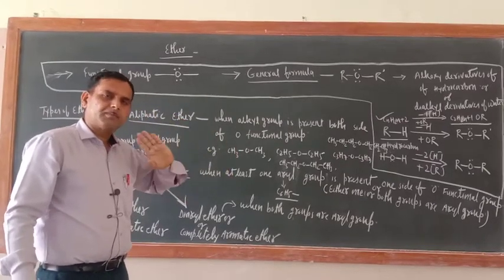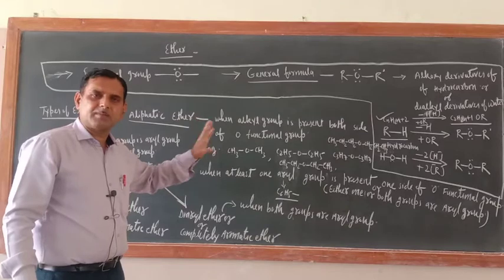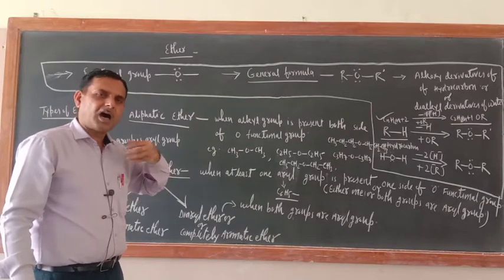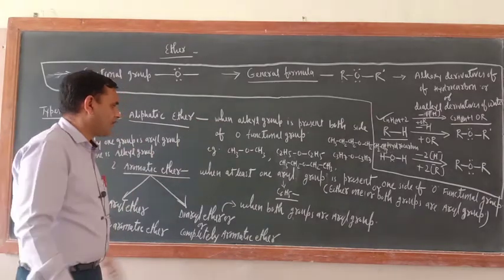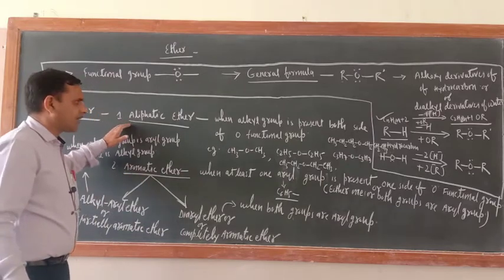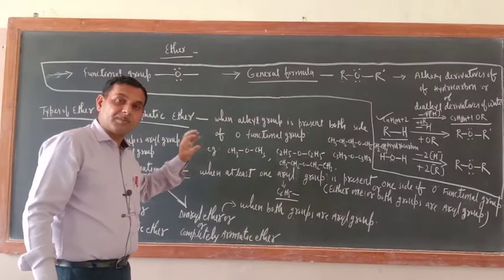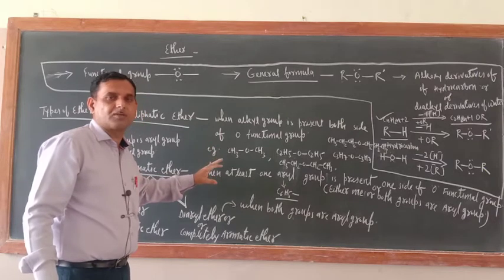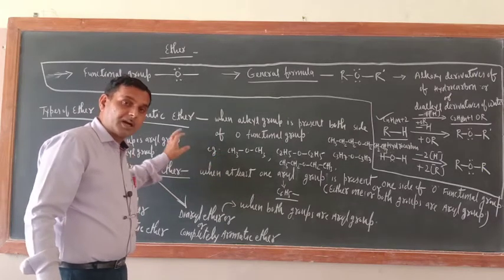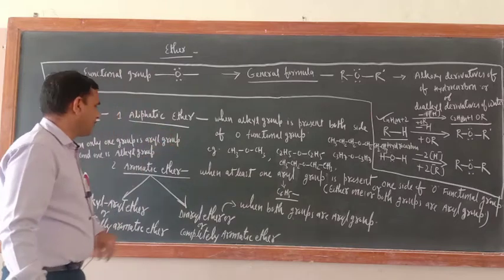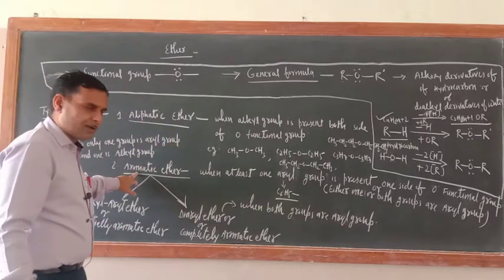Okay, then problem won't be there as far as numbering and all these things are there. Always go for the structural formula. Okay, so what are the aliphatic ether? When both side of oxygen functional group, if alkyl group is bonded, that is aliphatic ether. Okay, what about aromatic ether?